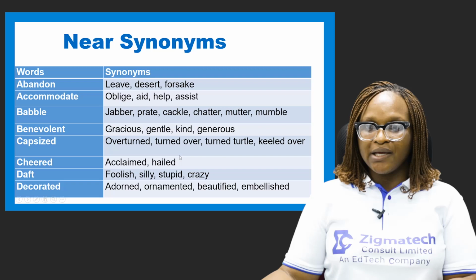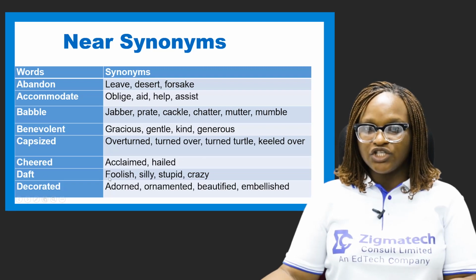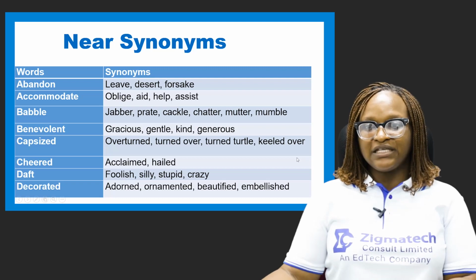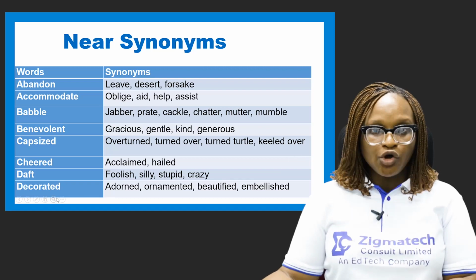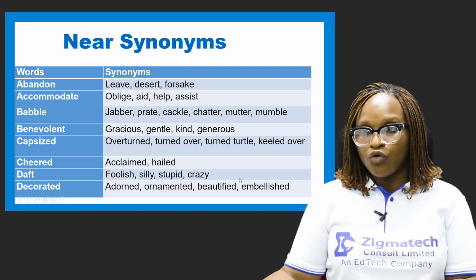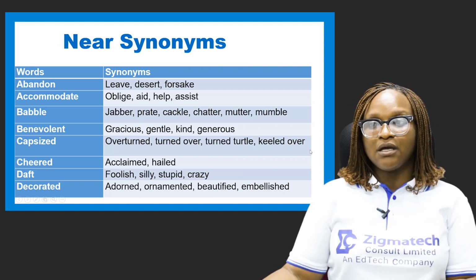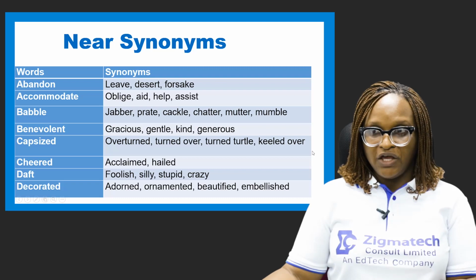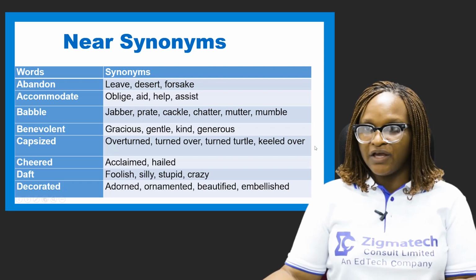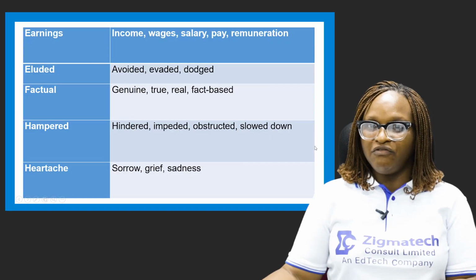Cheered means acclaimed or hailed. Daft, foolish, that's an adjective. You see that the words used as synonyms are adjectives. Decorated is a verb, so the words that we are going for as synonyms are also verbs, in their past form.